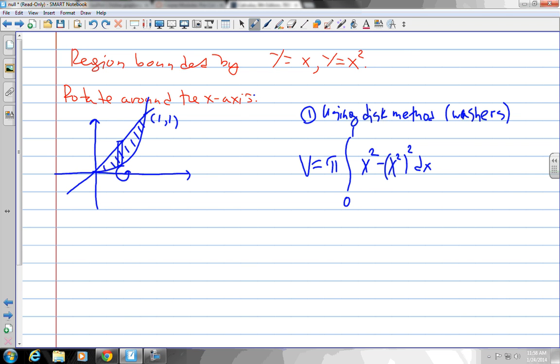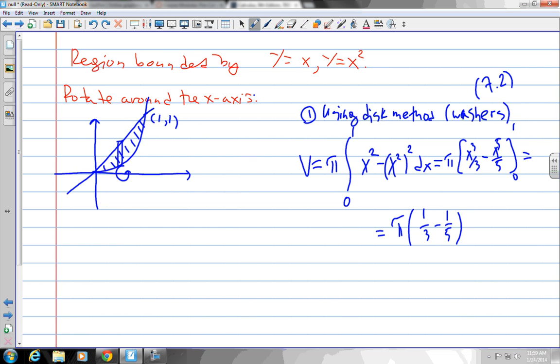So that's using the 7.2 technique. If we do the math, it's pi and then x cubed over 3 minus, so this is x to the 4, so it's x to the 5th over 5, from 0 to 1. So it's pi times 1/3 minus 1/5.